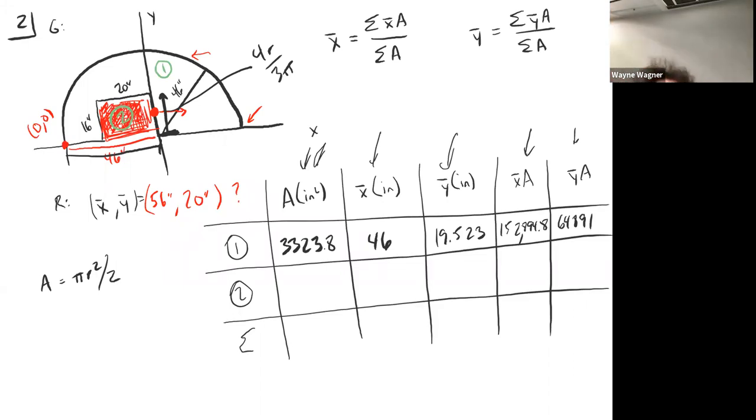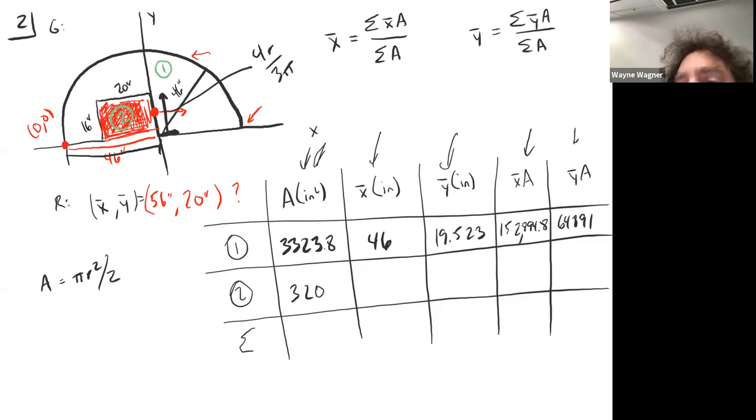Okay, so then we'll do the same thing for the rectangle. And here's the rectangle, so number 2. The area of that is length times width. So 16 times 20, which is what, 3,200? Oh, no, it's 320. 320, sorry. Okay.